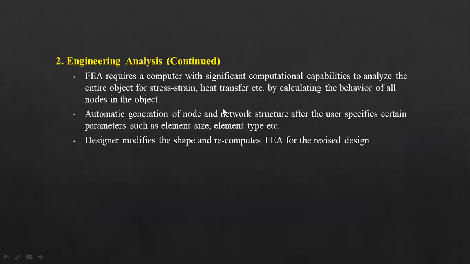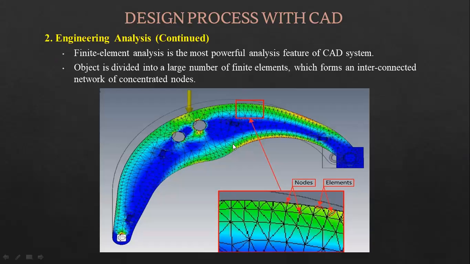FEA requires a computer with significant computational capabilities to analyze the entire object for stress, strain, heat transfer, etc. by calculating the behavior of all nodes in the object. Significant computational capabilities, because you have to handle the data of each and every point that you're seeing here, or nodes as we call them.